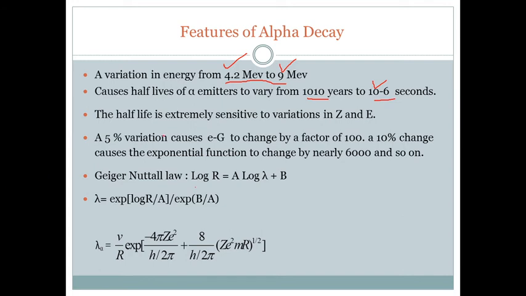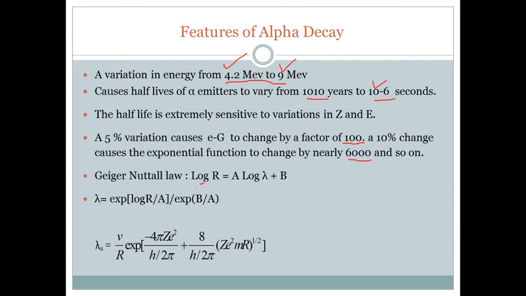You will find that it is extremely sensitive to variations in ZME. A 5% variation causes the e raised to minus g to change by a factor of 100. Just a 5% variation in e here is going to cause a change by a factor of 10 raised to 2. If there's a 10% variation, then it will change by around 6,000 or so.